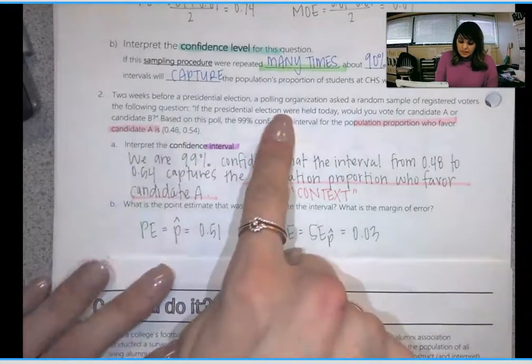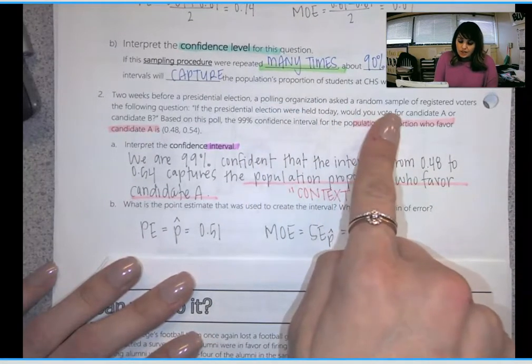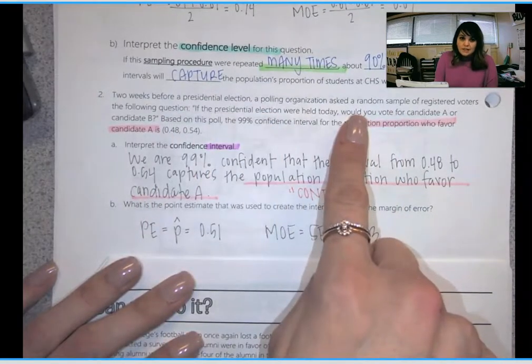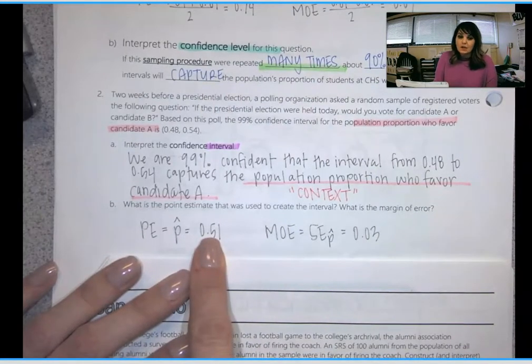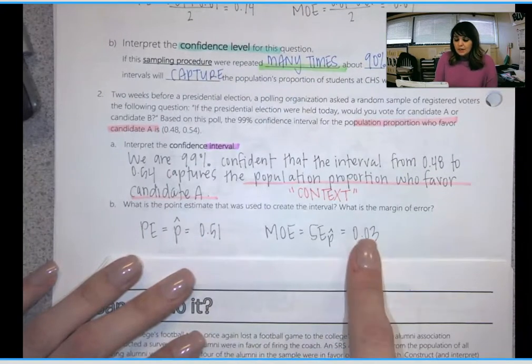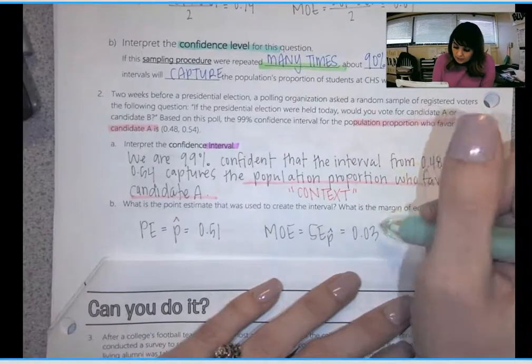This sample that was taken, it says 2 weeks before the presidential election, a polling organization asked a random sample of registered voters, if it were held today, who's in favor of candidate A? 51% of that sample said they were. Based off of our confidence level and that sample size, we could be off from the true value by about 3%. This is based off of your sample size and confidence level.